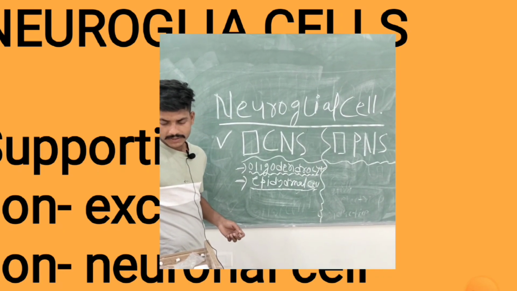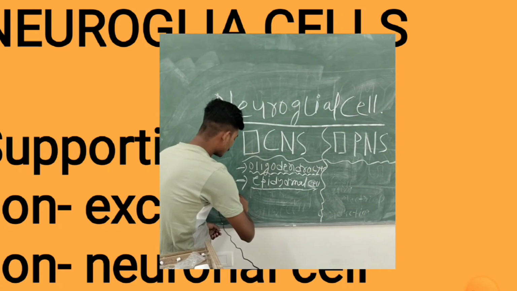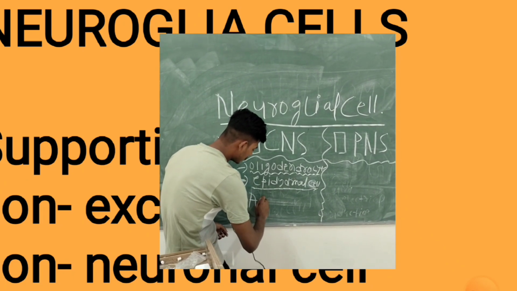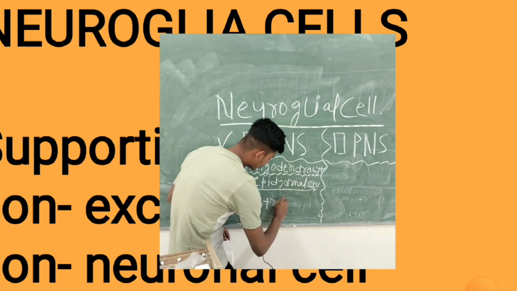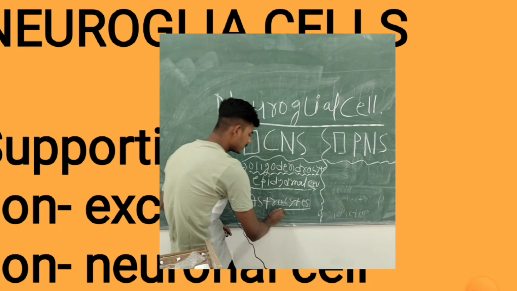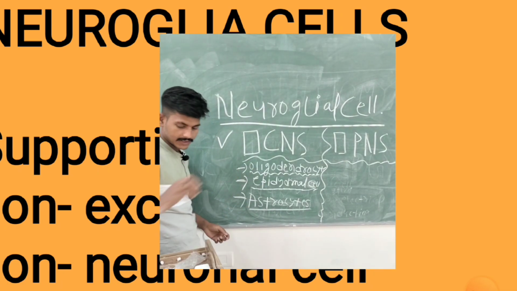Apart from the ependymal cells, we have another cell called the astrocyte. As the name suggests, it's a star-shaped cell.